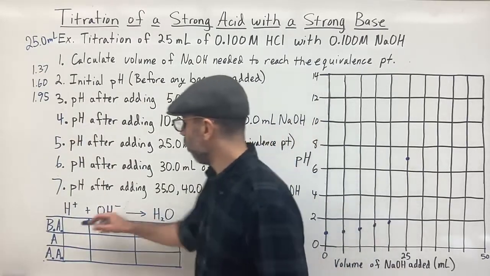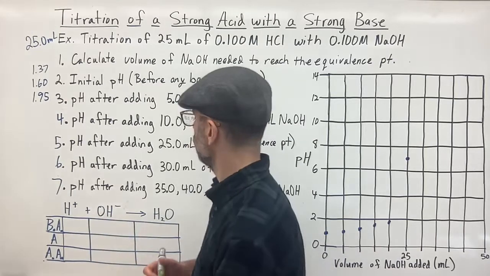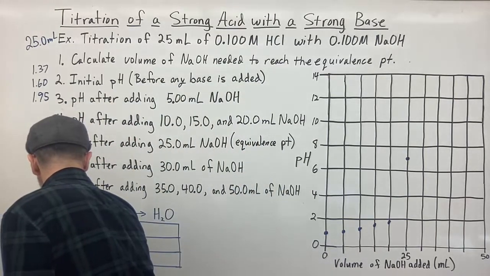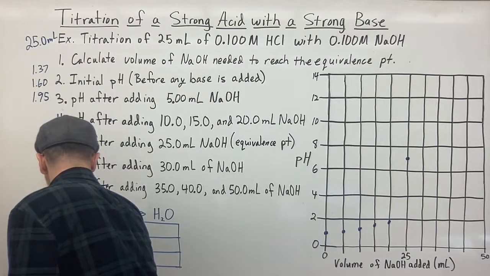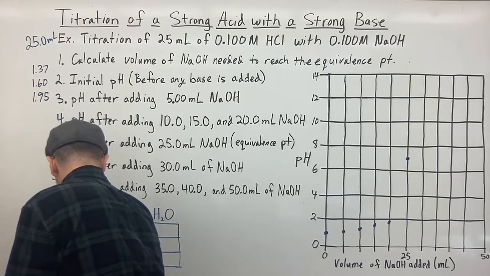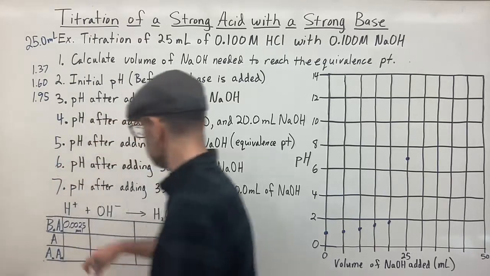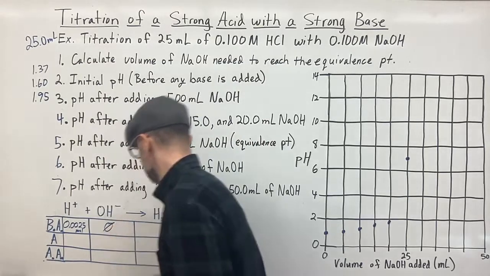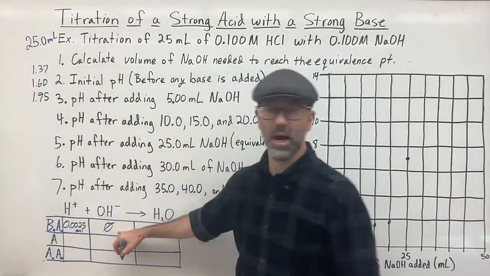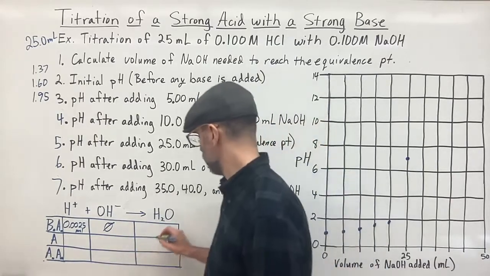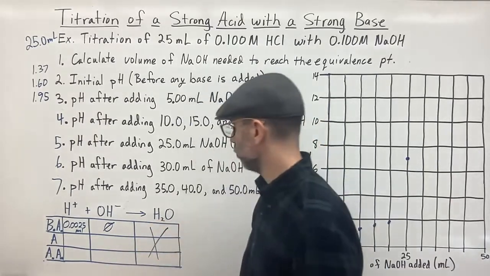Before adding anything, we said that the number of moles of H plus is 0.0025 moles. And we don't have any OH minus, so our hydroxide ion is effectively 0. And then we're not caring about the water.